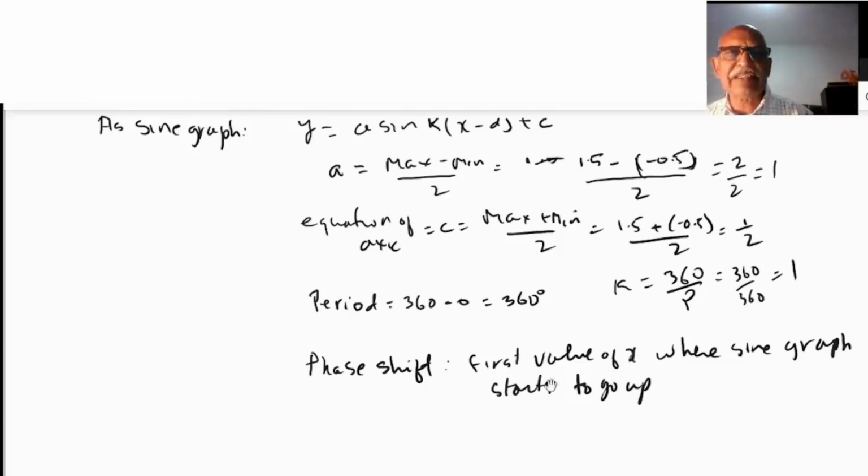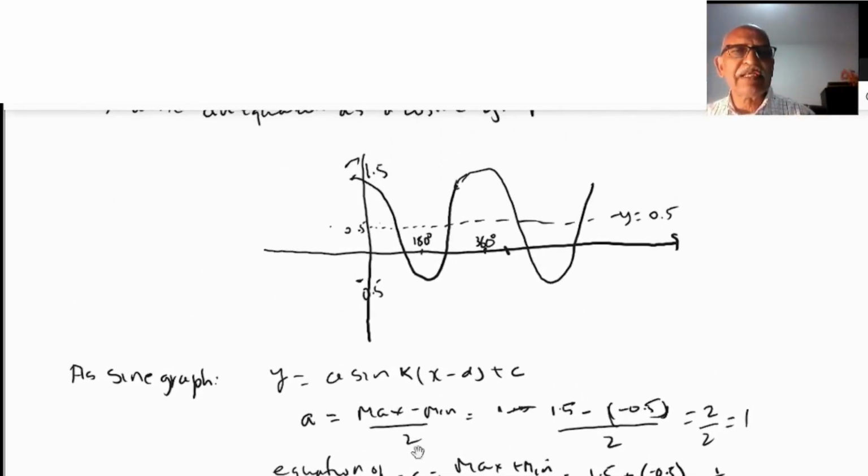In this case, we go always to the horizontal line. The new line is y equal to 0.5. In this line here, where does the sine graph start? This is not the start of the sine graph because it's going down. Sine graph is starting here. So one possible phase shift is this one here, which is 270 degrees. We have another possible one.